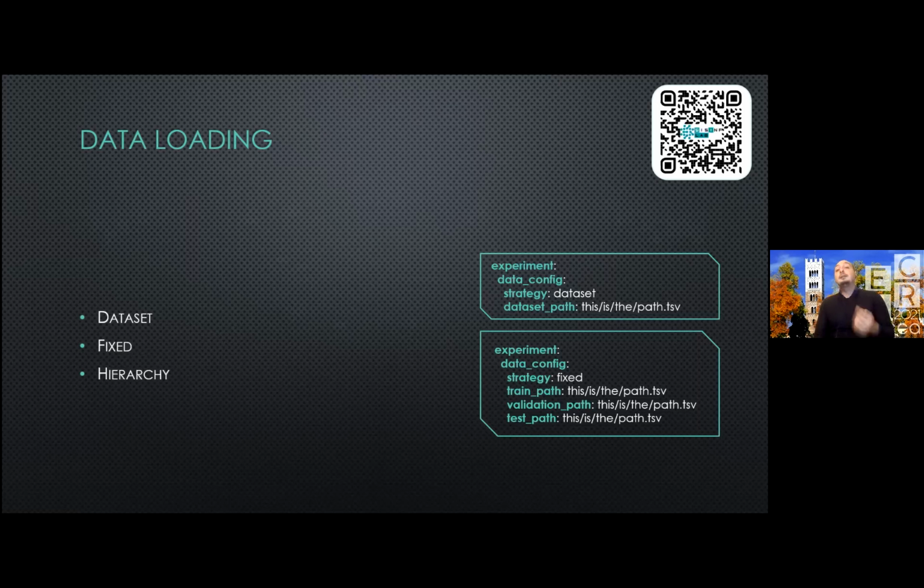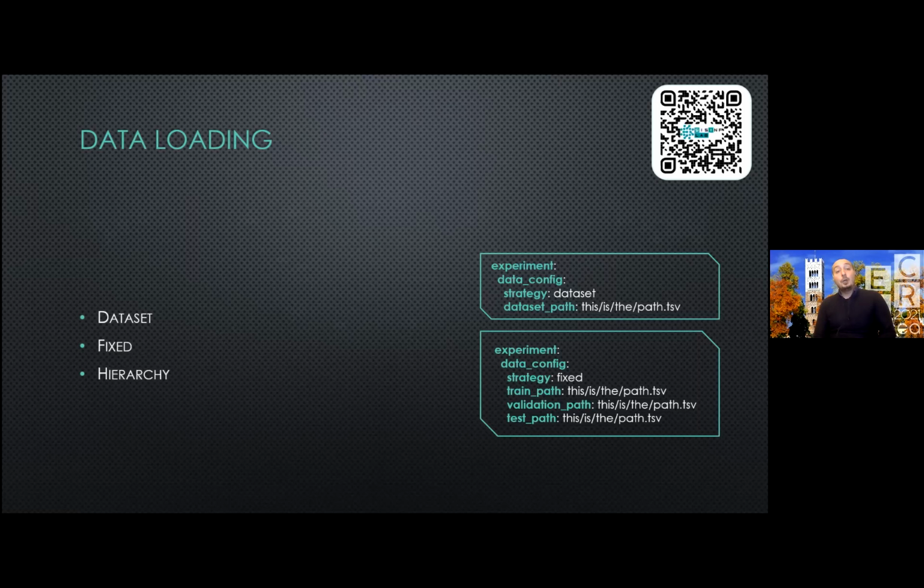The first one is that you want to read the whole dataset, and you can find in the top right-hand side how you can do it. In this case, you say that your strategy is dataset, and you can pass a dataset path.